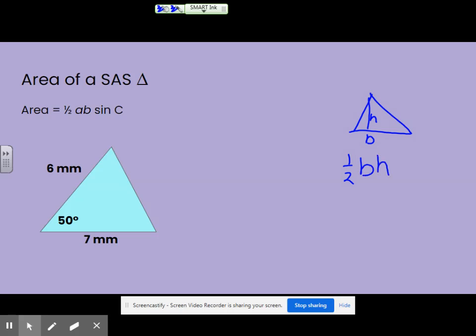Well, some mathematicians were so kind to translate that into a new area formula that we can utilize if we are only given two sides and an angle of a triangle, in which the area is 1/2 times a side, a, times another side, b, times the sine of c, an angle.